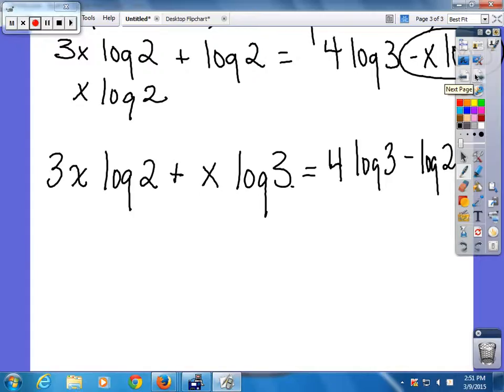Now, work with that equation right there and see what you can do with it. Think a little bit. I'll give you a hint. The right-hand side you can do on your calculator.